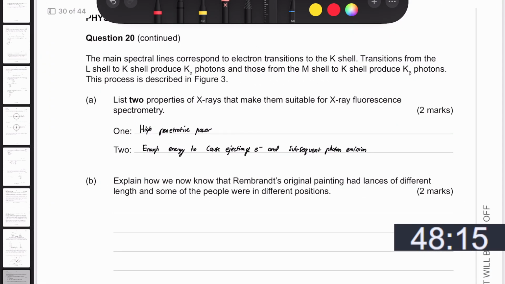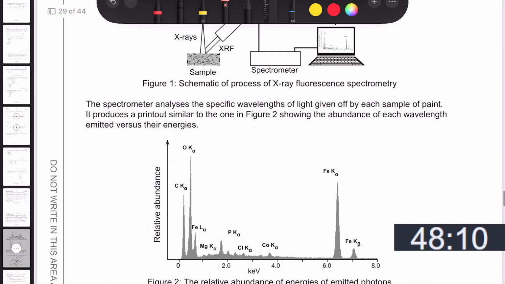Okay. Explain how we know Rembrandt lengthened lances and some of the people were in different positions.